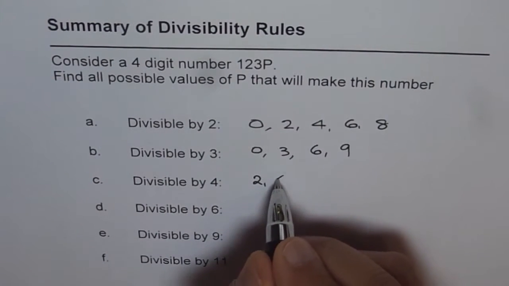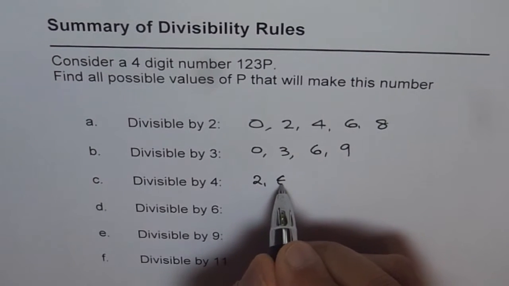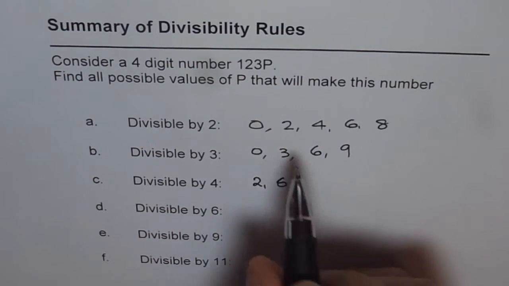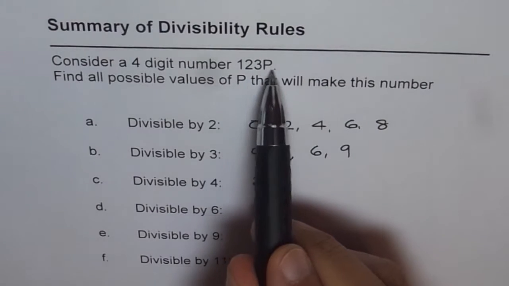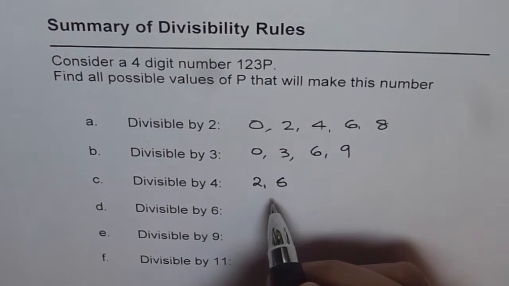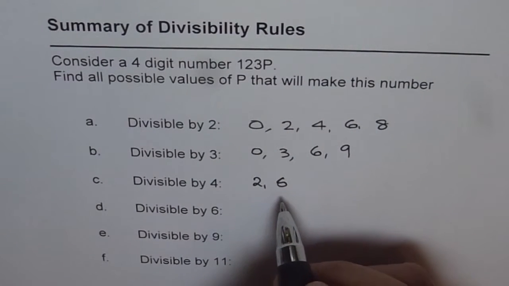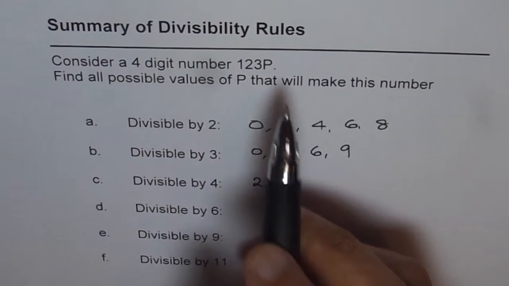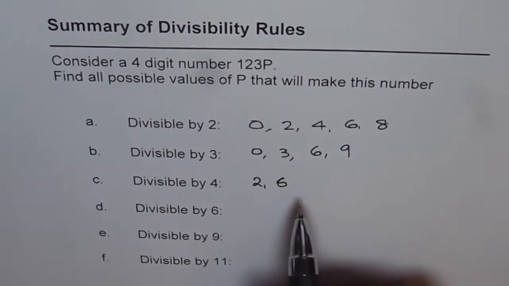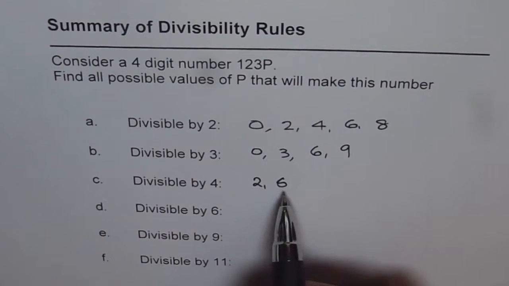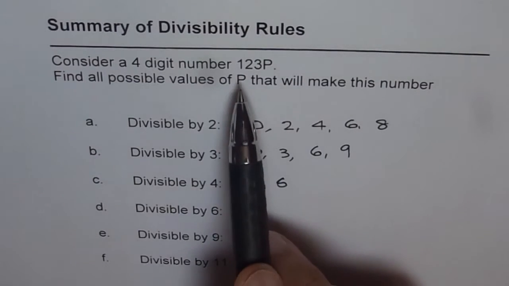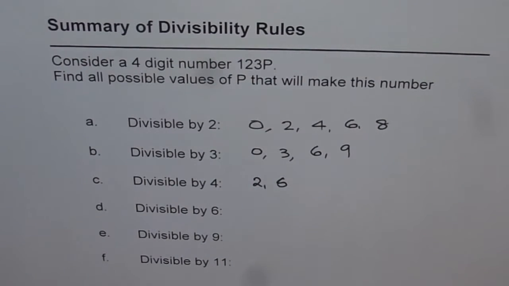So we could write this as 2 plus 4, 6, correct? 36 goes 9 times. And then next would be 10, which will make it 40, so that is not possible. So these are 2 possible values of P which will make this 4-digit number divisible by 4.